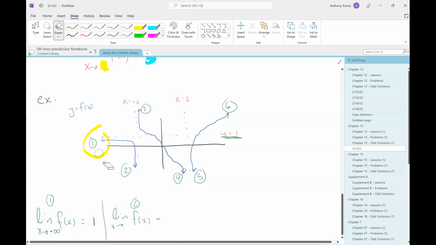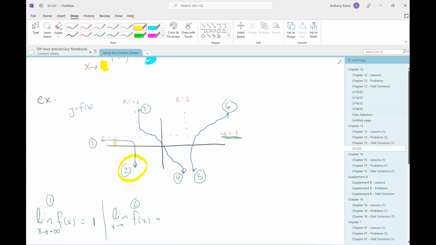So next one. Looking at the second arrow, the arrow that I've circled in yellow and labeled number 2. What x-coordinate is that arrow heading towards? Notice that arrow's basically going straight down, right?